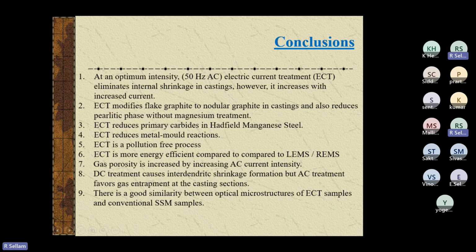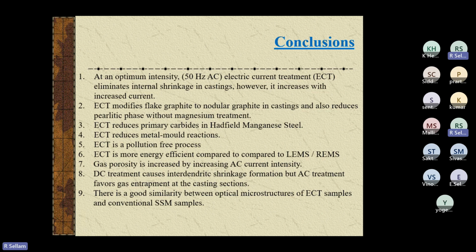So to conclude, an optimum intensity electric current treatment eliminates internal shrinkage in the casting. However, it increases with current. Electric current treatment modifies flake graphite to nodular graphite in casting and also reduces pearlitic phase without mechanical treatment. AC current treatment reduces primary carbides in high manganese steel and reduces metal mold reaction.